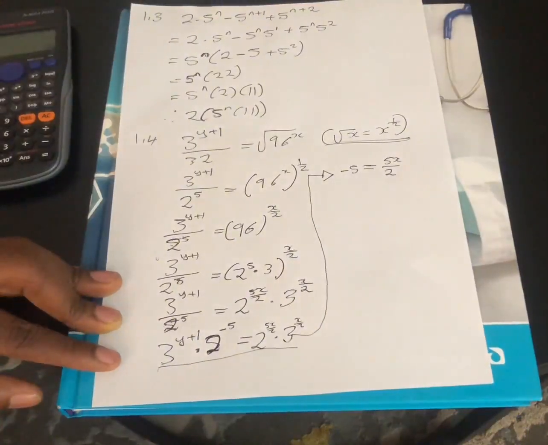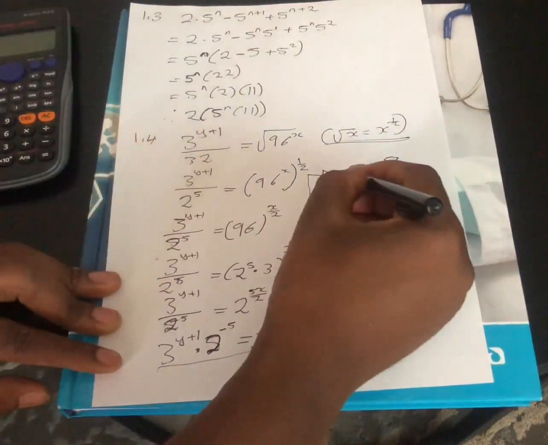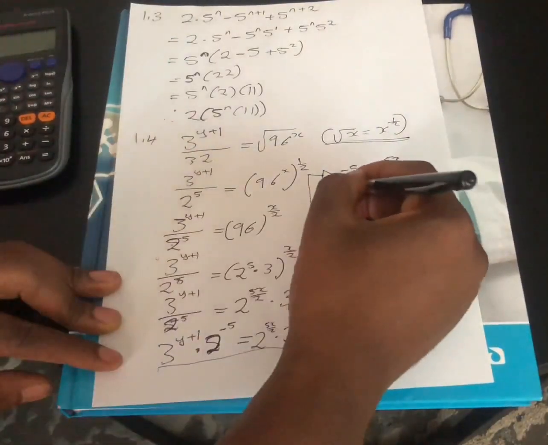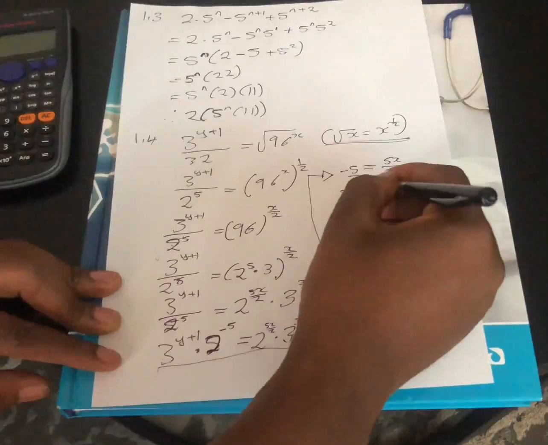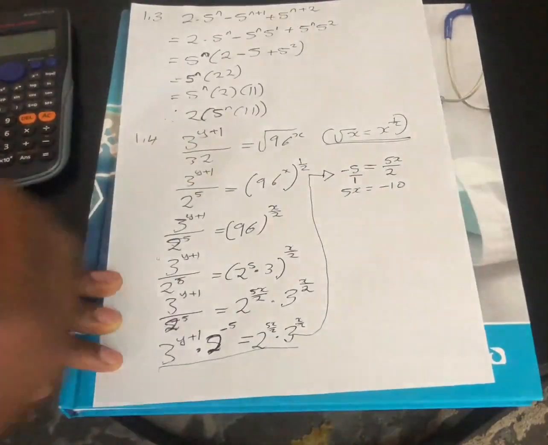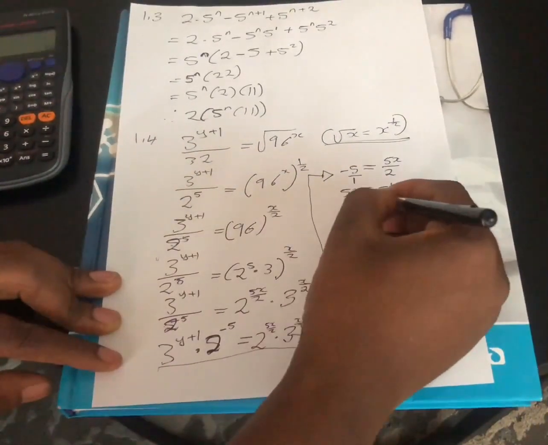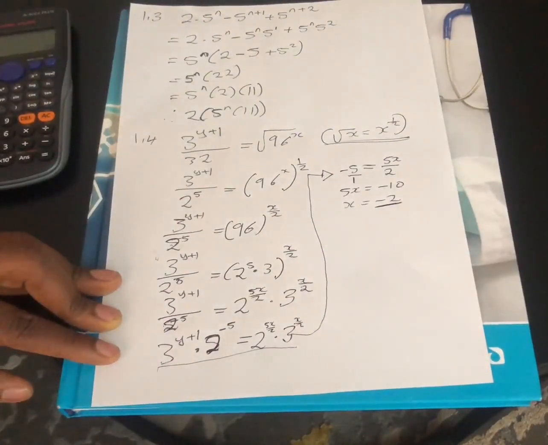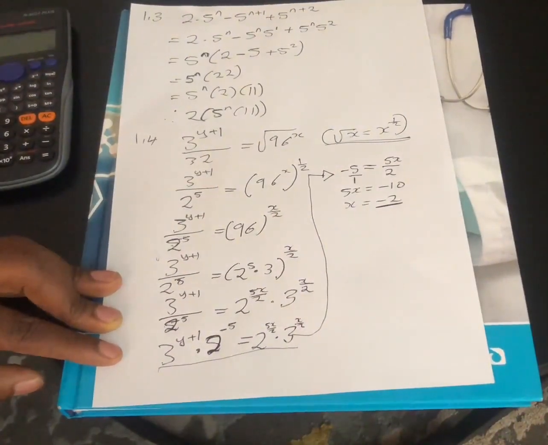Let's solve for x then. We make everything a fraction, and then we cross multiply. We are going to have 5x is equal to negative 10. Then our x is going to be negative 2. We divide everything by 5 to find negative 2. We have solved for x.